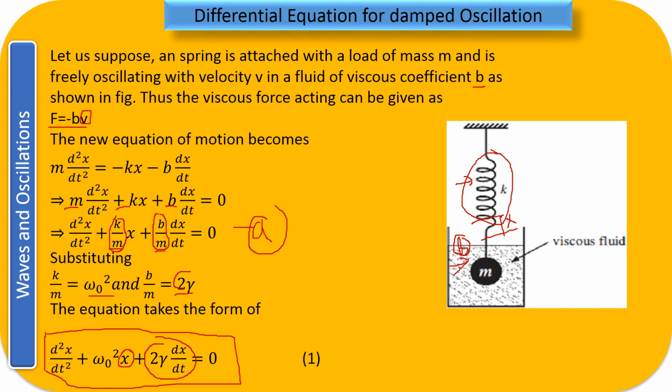I have already solved this equation in the case of free oscillations by taking a sine omega t or a cos omega t, whatever, we can take anything. But here I am going to solve with respect to the complex form of the wave. We can solve in any way, because you have already seen in the phasor and complex representation how the sine wave can be written in complex form, and the complex form can be written in sine or cosine form.